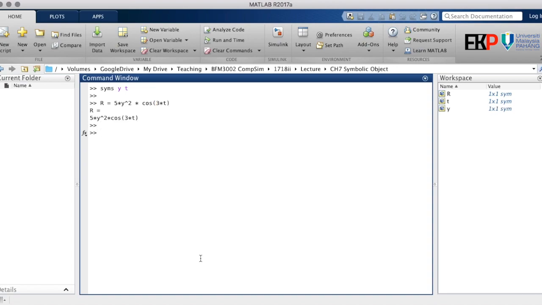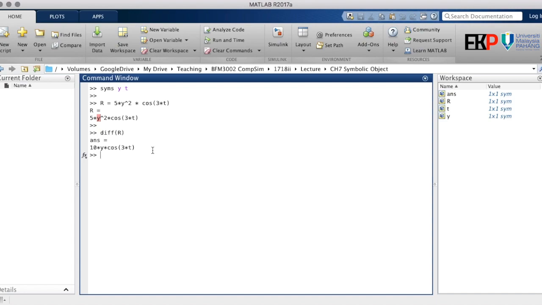This is our expression, and if we simply perform diff of R, MATLAB will differentiate the equation with respect to y, because MATLAB has automatically selected y as the default variable.